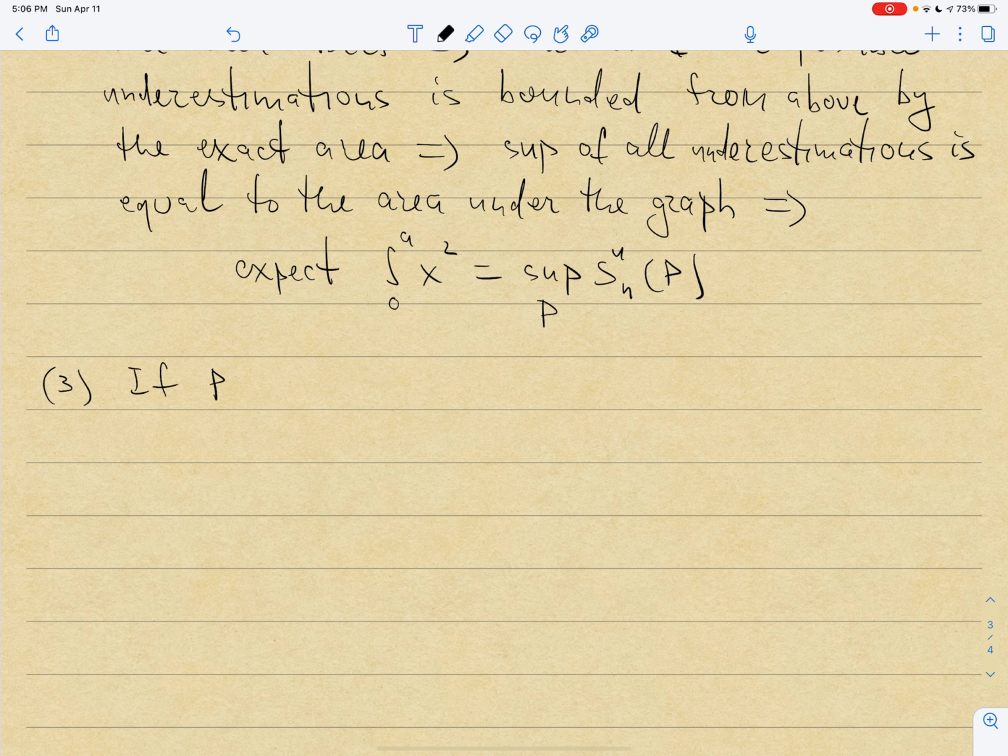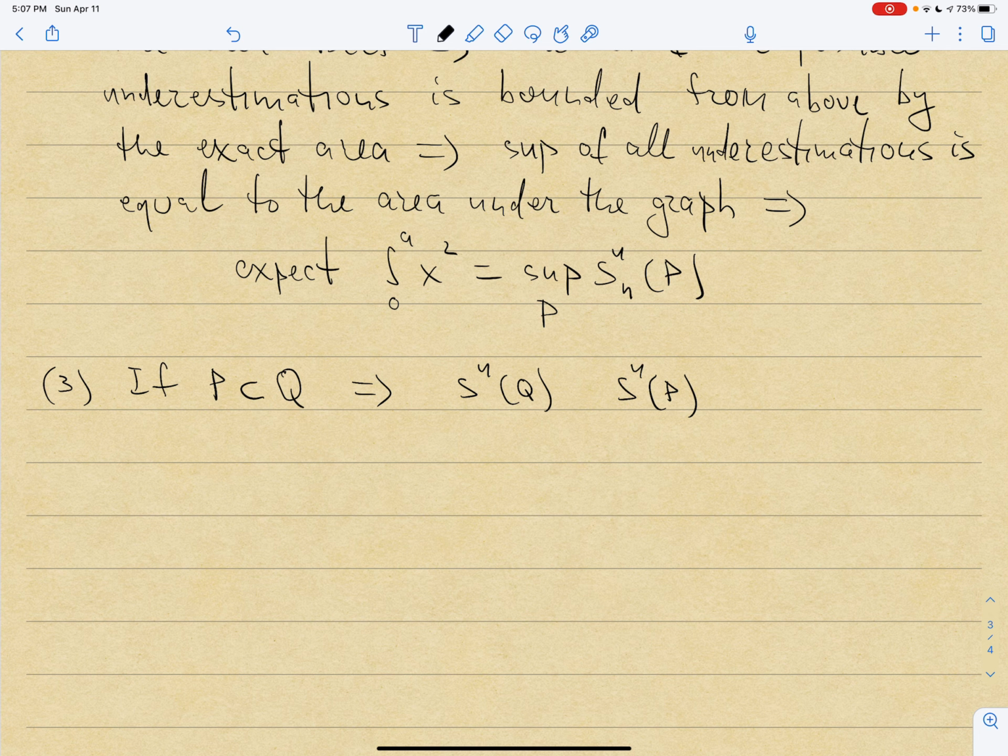If Q is a refinement of P, then if I compute an underestimation using partition Q, and I compute an underestimation using partition P, then underestimation becomes better with refinement.